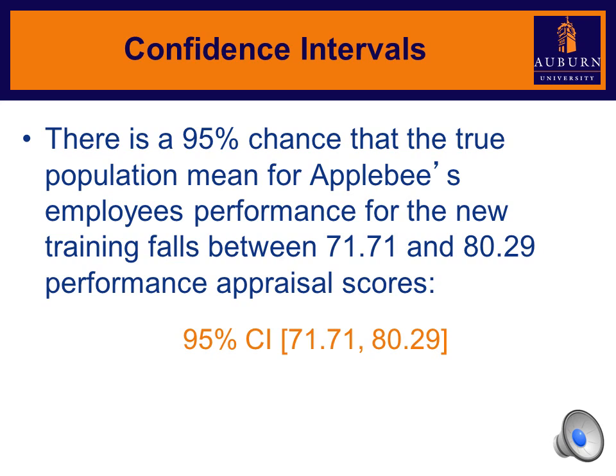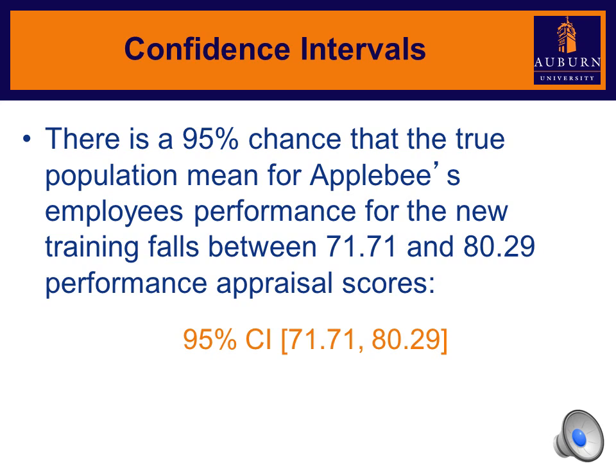And so we always want to include the level of chance when explaining our confidence interval. So we might say that there is a 95% chance that the true population mean, and we want to say that, we're looking for that population mean. So there's a 95% chance that the true population mean for Applebee's employees' performance for the new training will fall between 71.71 and 80.29 performance appraisal scores.